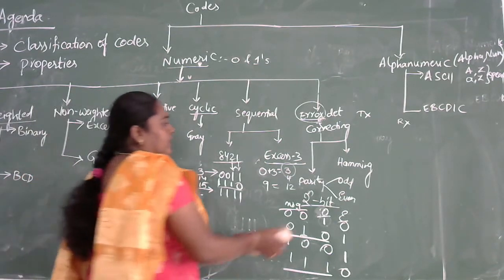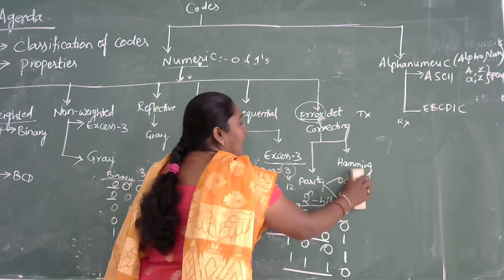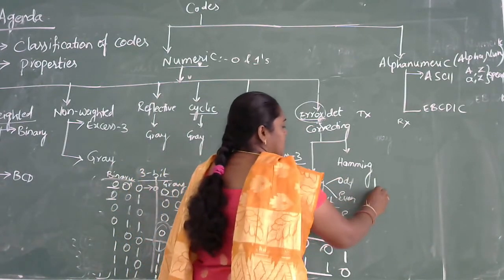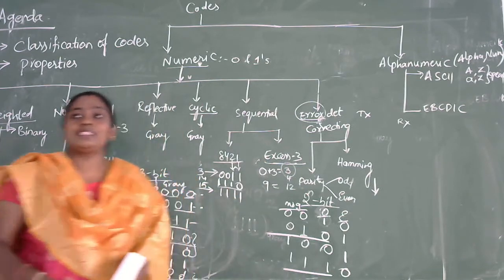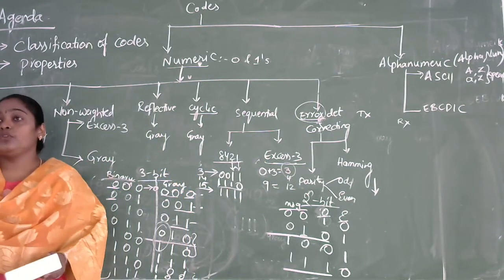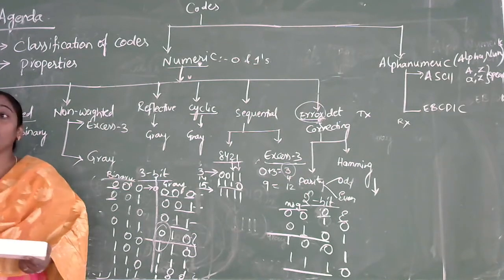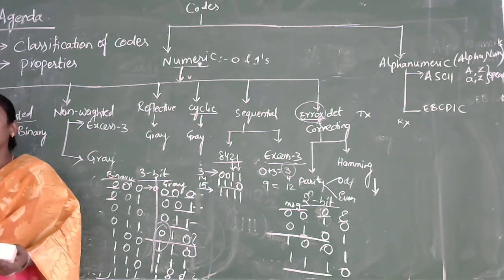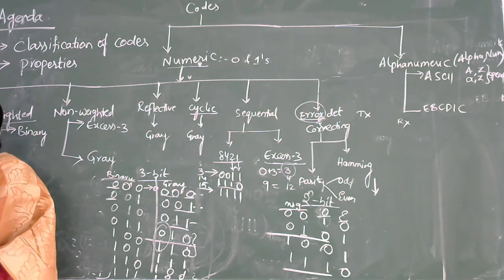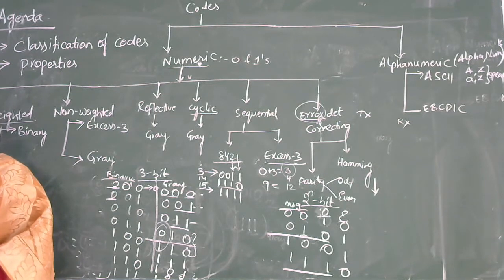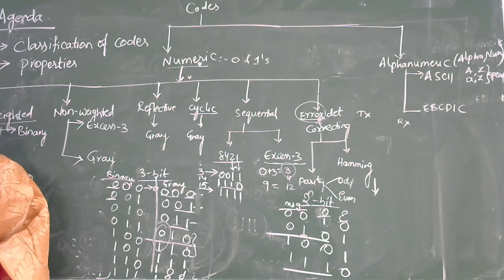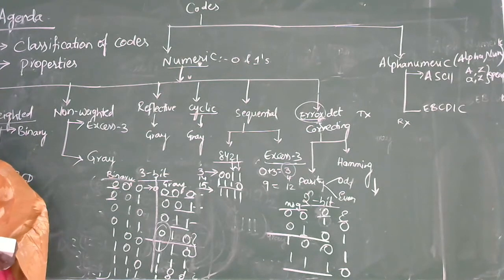Coming to the next one, which is nothing but the Hamming code. This is a special type of code, or a method by which you are able to detect and correct errors by using parity bits. In the case of a Hamming code, we will be using parity bits. By using those parity bits, we are able to find out where the error is present and how to correct the error.